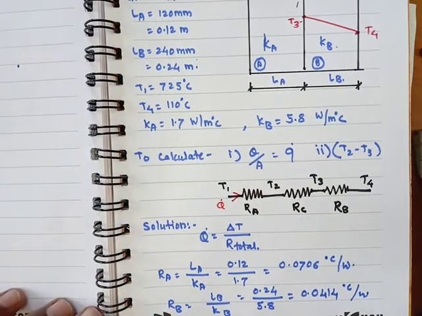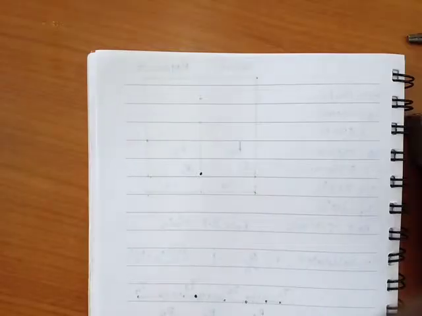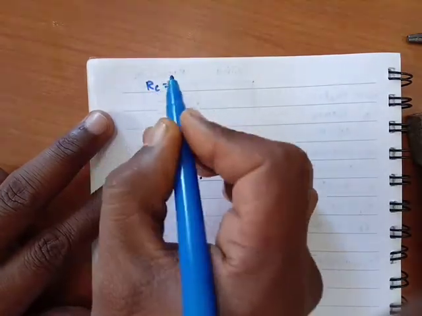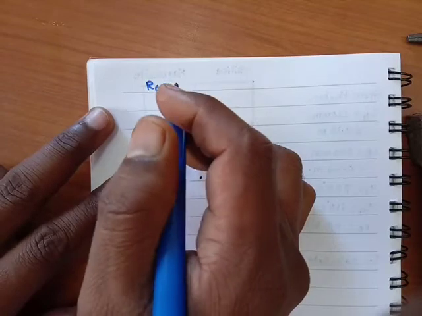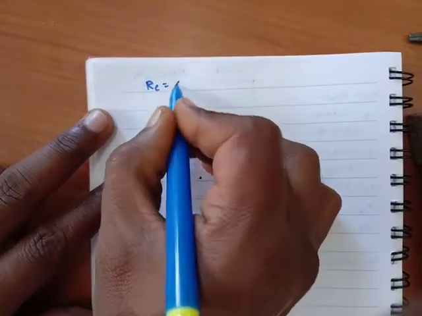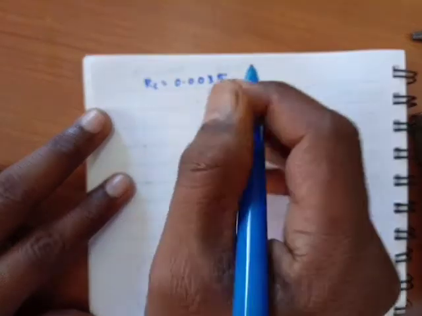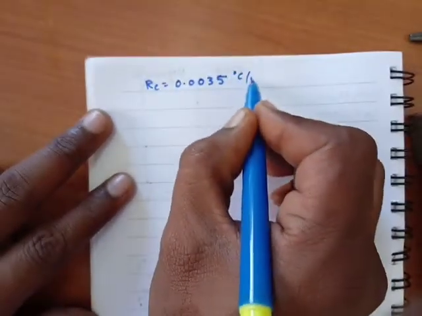Okay, now Rc, we have already been given the value as 0.0035 degrees Celsius per watt.